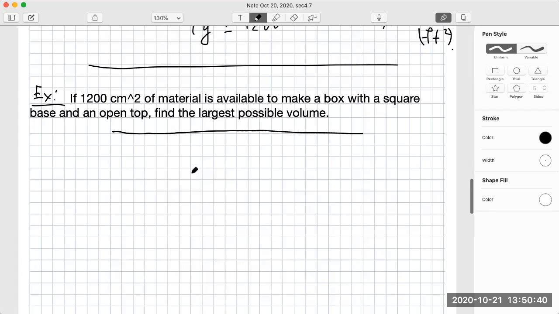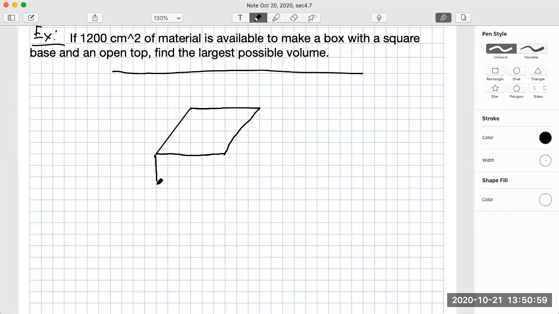Okay, suppose the box is like this one. The base is a square.